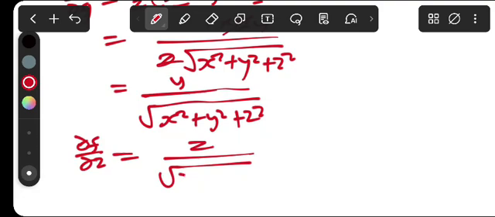As you can see, the pattern continues like that. So this is what we have.